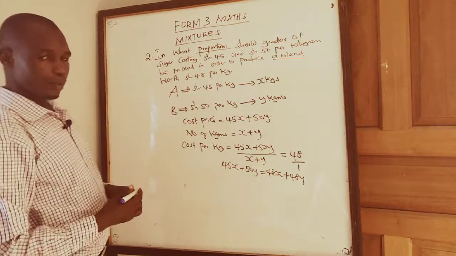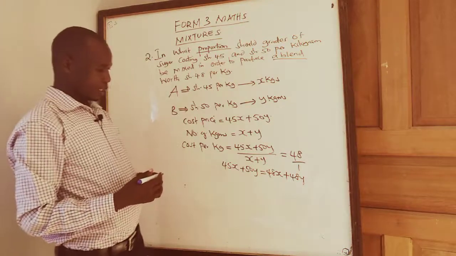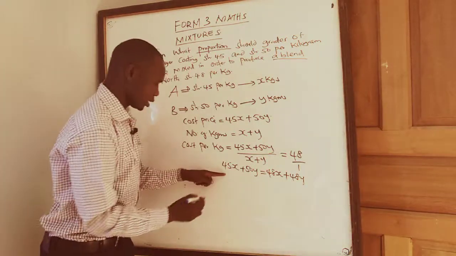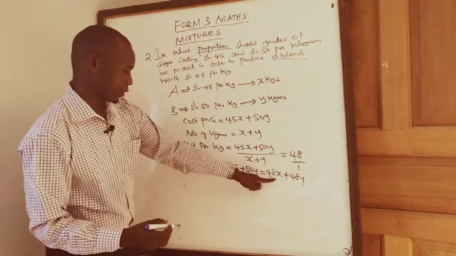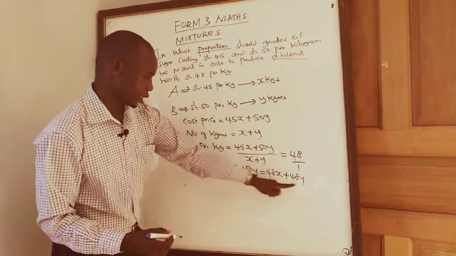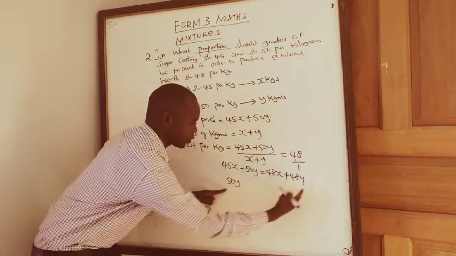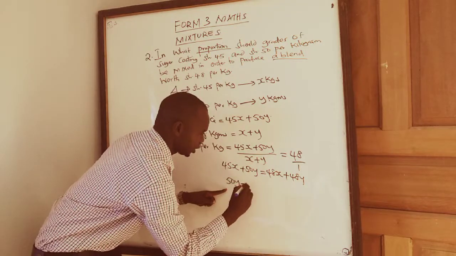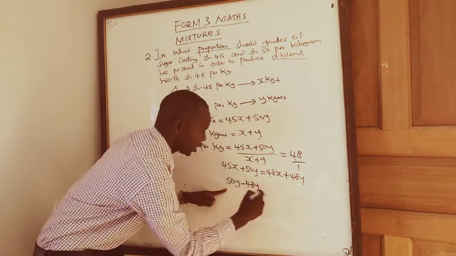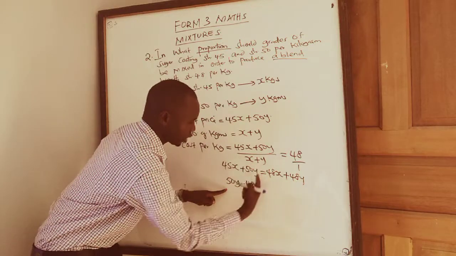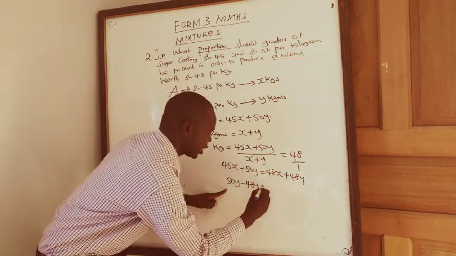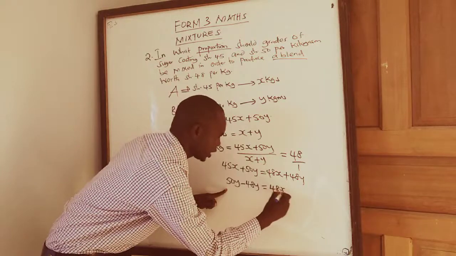From there, we collect the like terms. I'm going to maintain 50y here so that we bring 48y here. And 48y being positive, once it crosses the equal sign, the sign changes. This must be equal to 48x here.